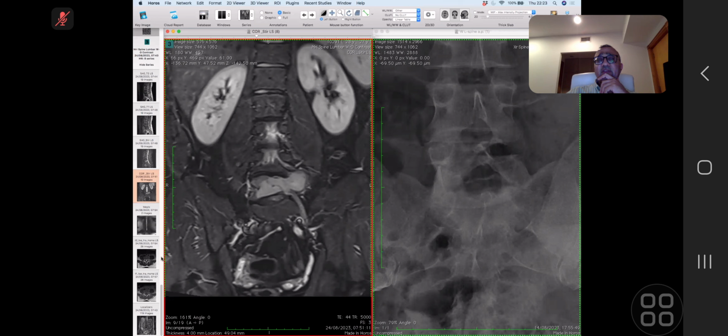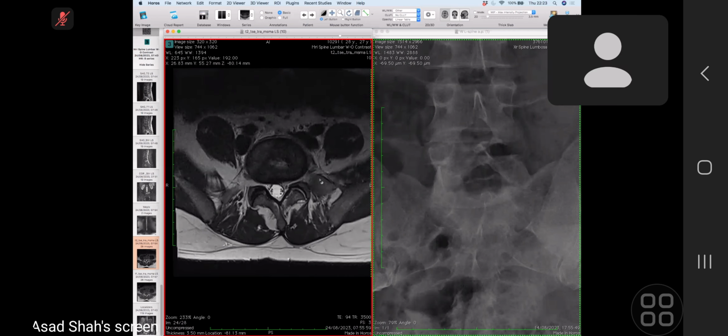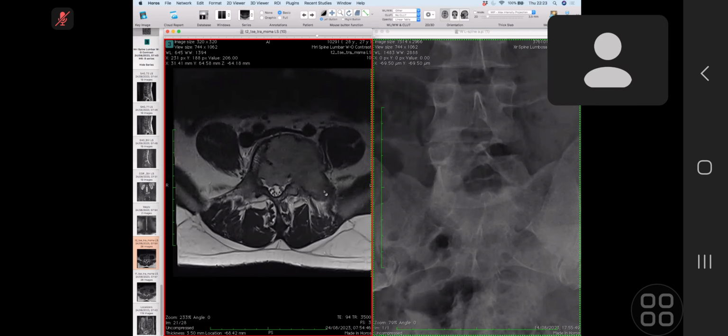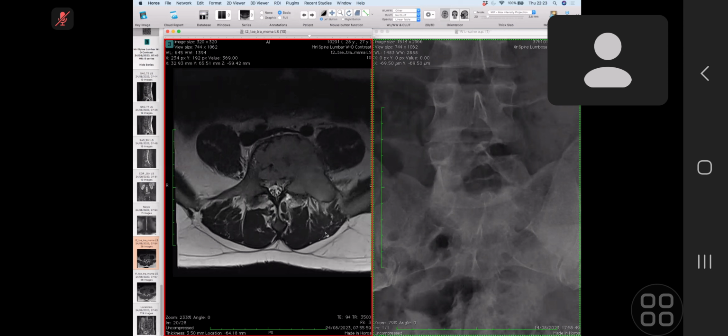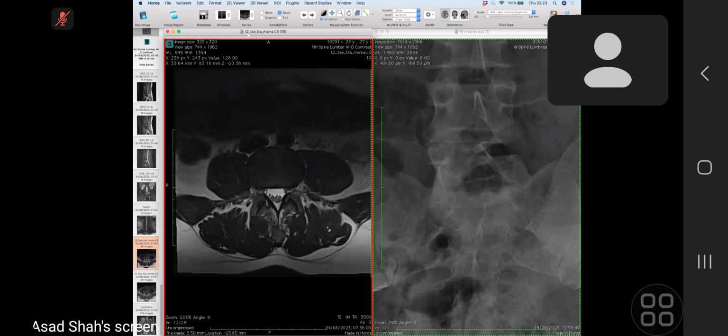Let me give you the axial then. Okay, that's axial T2. Looking at the area in question, this is causing some expansion of the pedicle, also involving, I believe, the sacrum. On this slice, I think it's either the vertebral body.